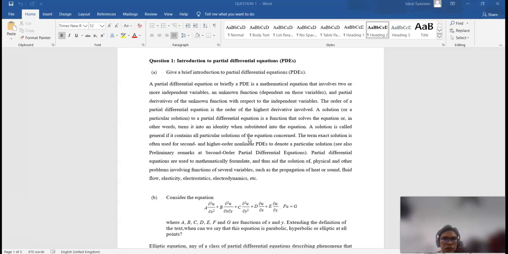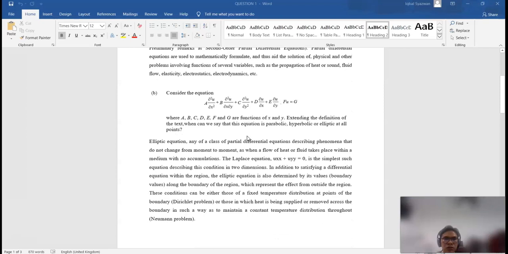The order of a partial differential equation is the order of the highest derivative involved. A solution, or a partial solution, to a partial differential equation is a function that solves the equation, or in other words, turns it into an identity when substituted into the equation.